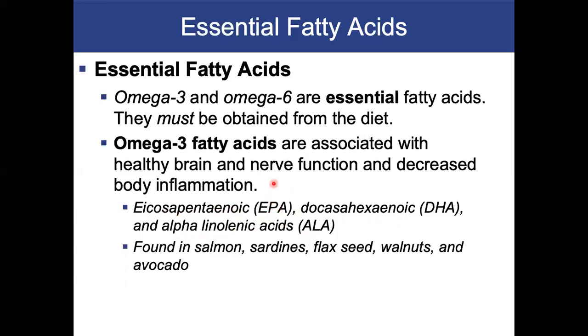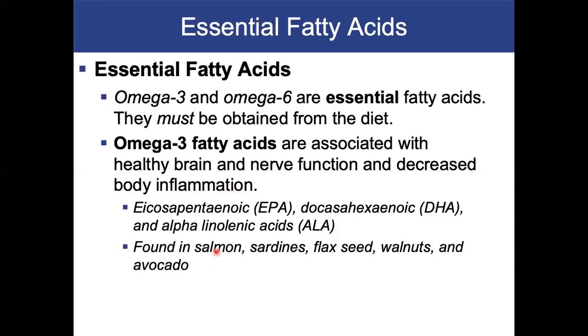These are your omega-3 fatty acids. You need them because they help lay down the fats, the insulation of the myelin sheath around your nerves in your brain. And you want a high enough level of omega-3 fatty acids because it's going to decrease general body inflammation, right?